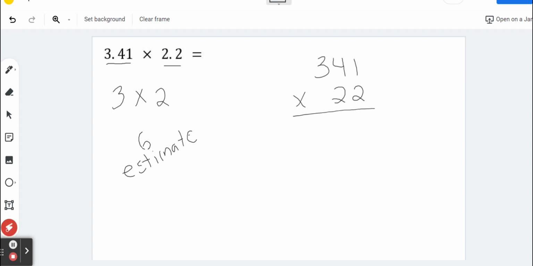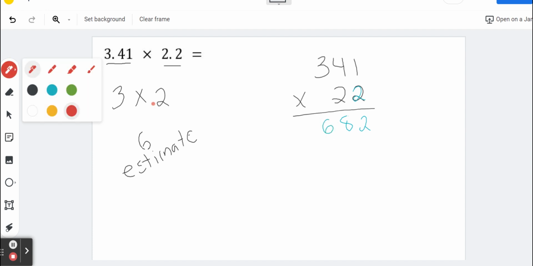So we're going to focus on this number. We're going to multiply this whole thing by the first digit. I'm going to trace this symbol. So 2 times 1 is 2. 2 times 4, 8. 2 times 3, 6.